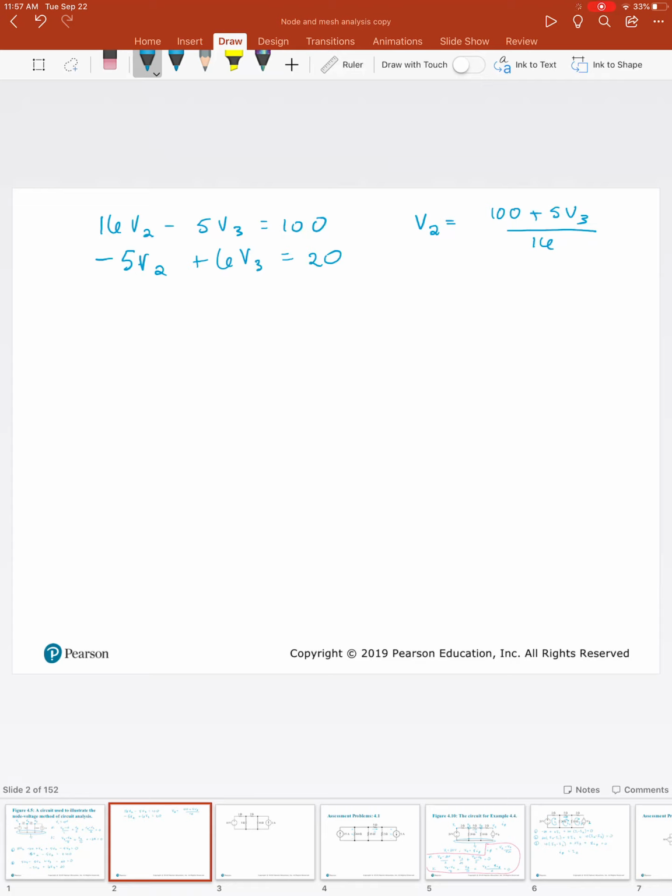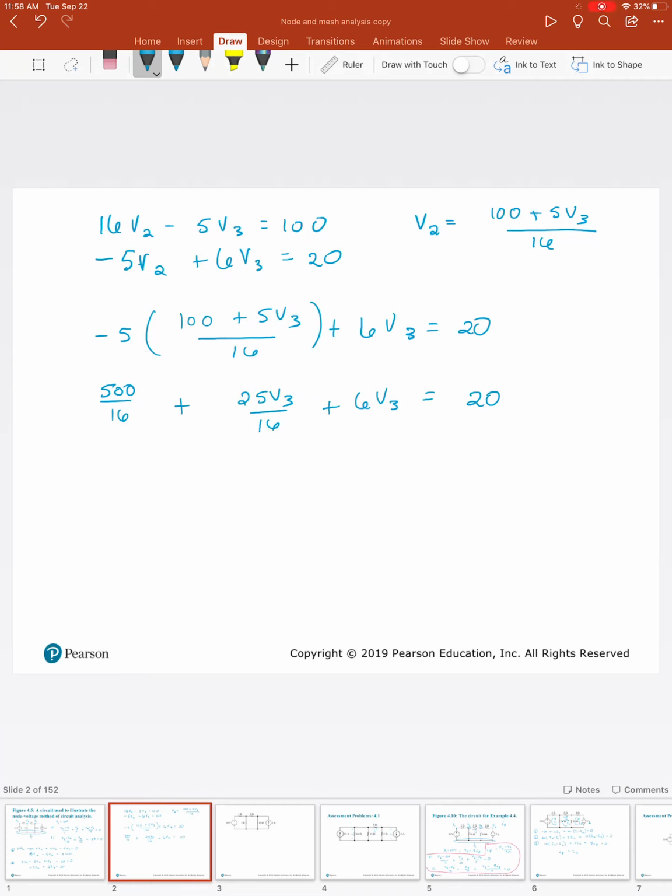So if I now substitute that in for V2 into the second equation, I have minus 5 times 100 plus 5V3 over 16 plus 6V3 is 20. So that's 500 over 16 plus 25V3 over 16 plus 6V3 is 20.